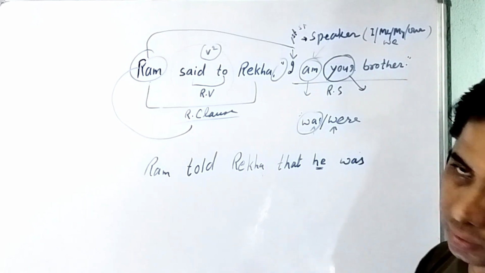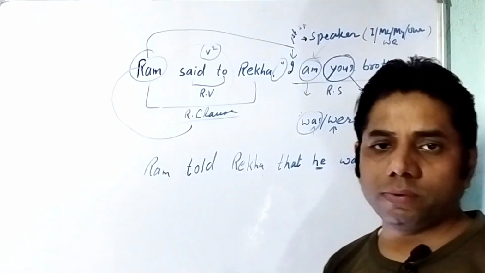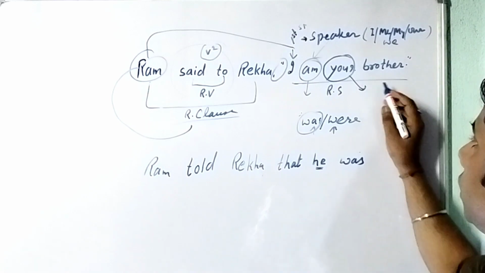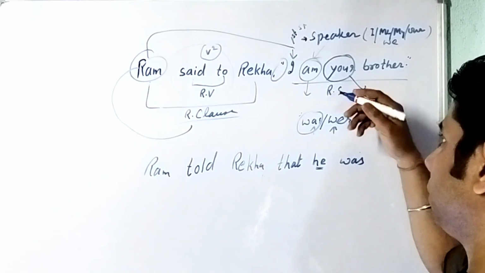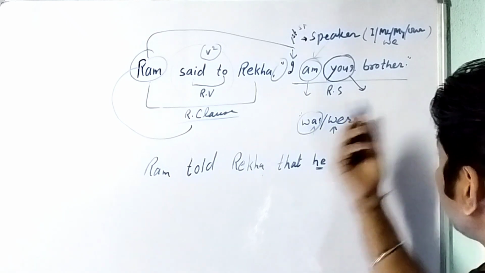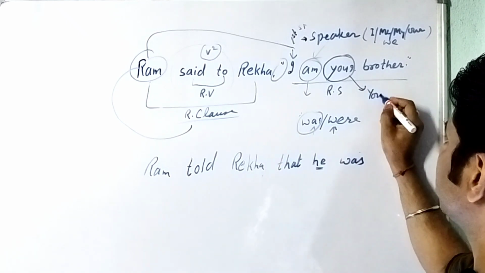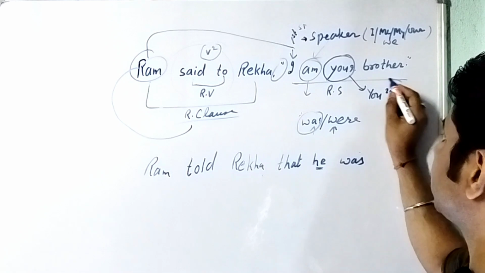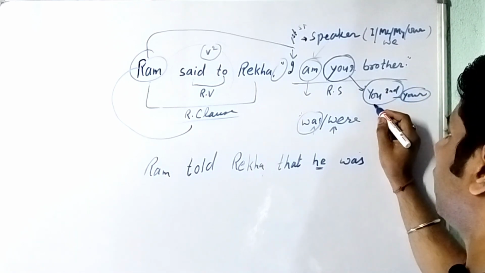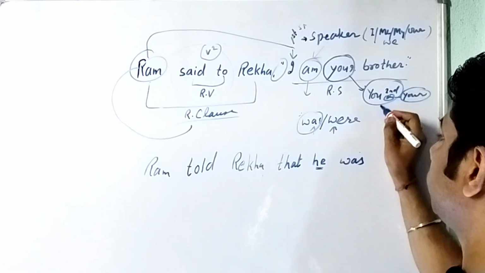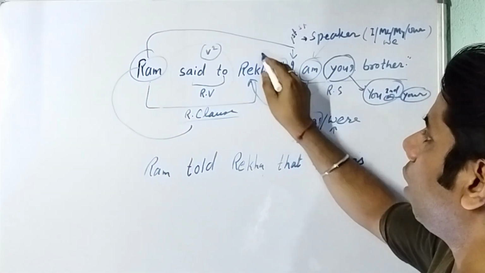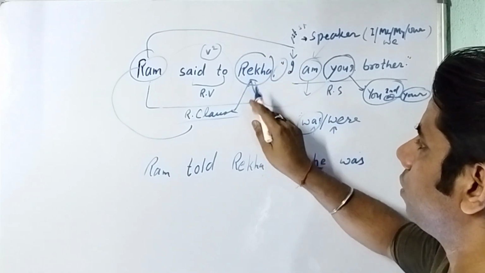This part is related to the second person. We know very well about the second person. The listener is known as the second person. So you, your, these are related to the second person. The second person will be changed according to the object of the reporting clause.